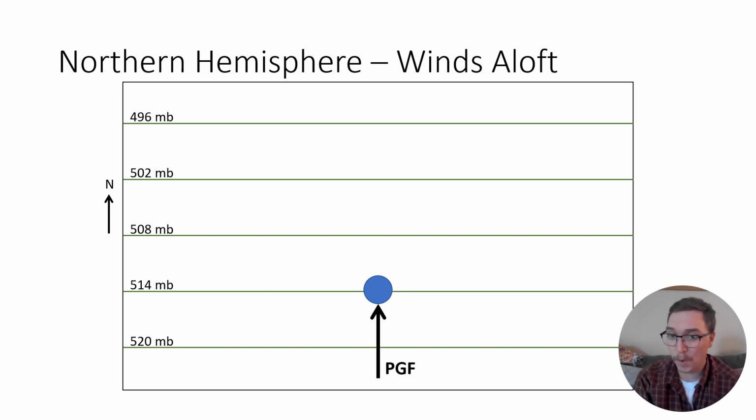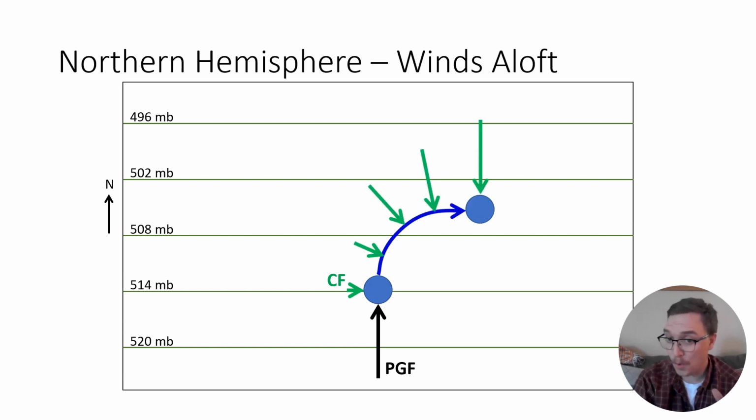Our pressure gradient force is pushing those winds towards lower pressure, to equilibrate. The Coriolis force is pushing perpendicular to those winds, right? So we're deflected. And the further north we go, the stronger that Coriolis deflection is having an effect on the wind. So it would move our little parcel of air so that winds were blowing out of the west, westerlies.